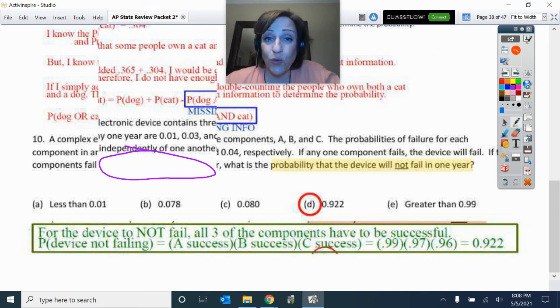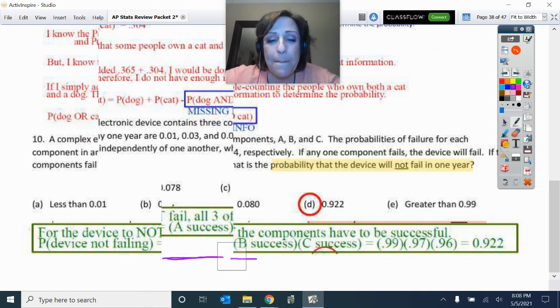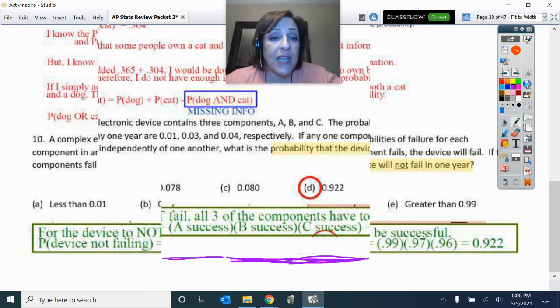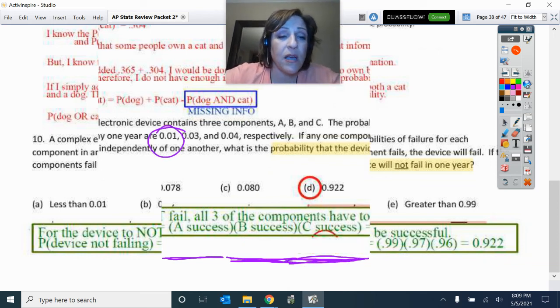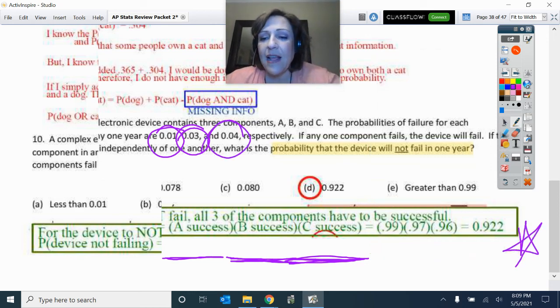For the device to not fail, all three components must be good. So what that tells me is A has to be good and B has to be good and C has to be good. So then I took 0.99 times 0.97 times 0.96. And so that's how you get that total probability of not failing because they all had to be successful.